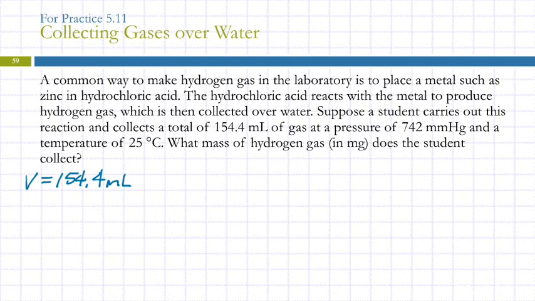What do you think we're going to have to change that into? Liters. Let's just do it right now. 0.1544 liters. Pressure is 742 millimeters of mercury, and the temperature is 25 degrees Celsius.